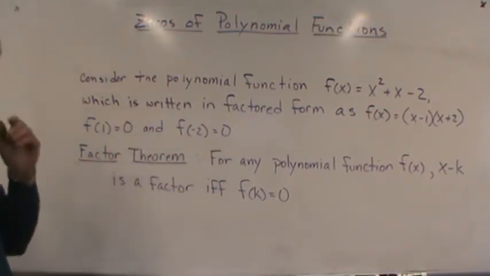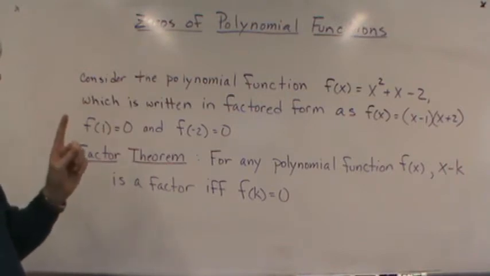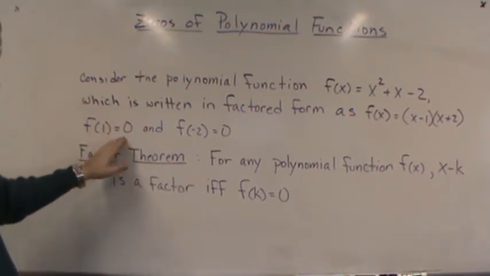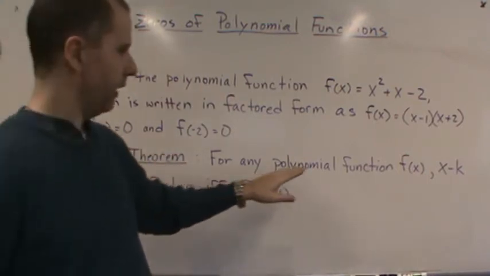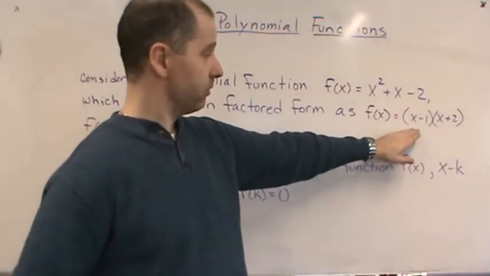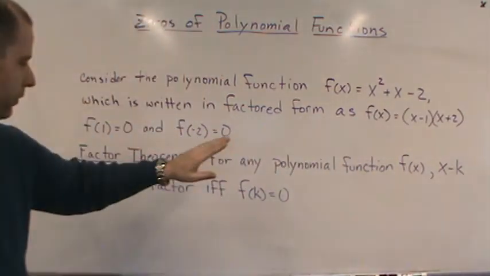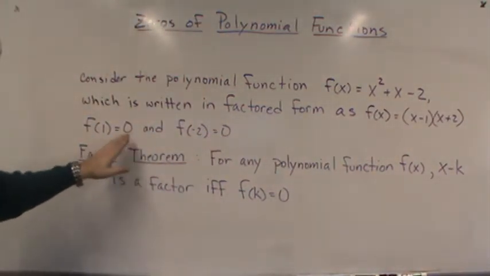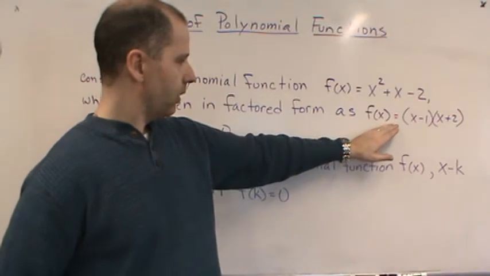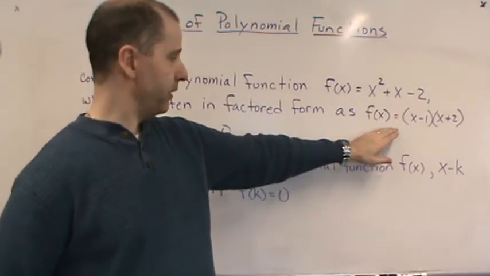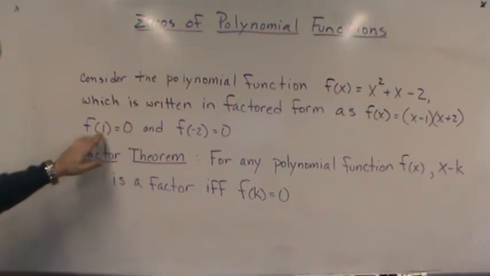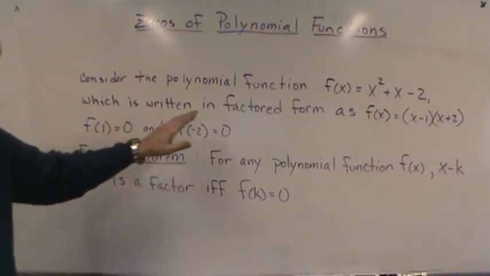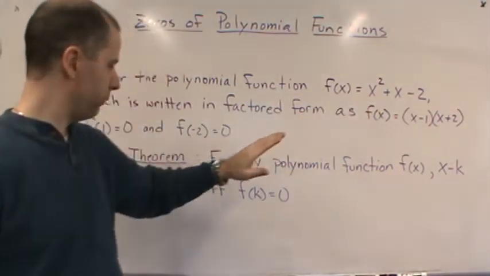So you notice that it looks like there's a special relationship between the values of the function and their linear factors, right? So it looks like we're going to be able to use synthetic division. Remember we talked about, hey, this is a 0, right? 1 is a 0 of this polynomial function.